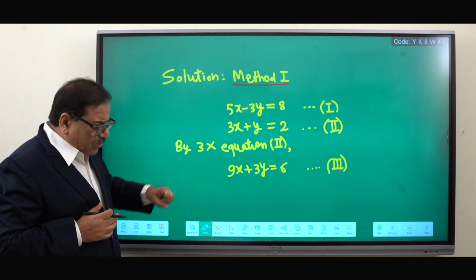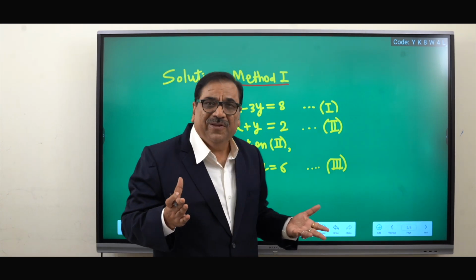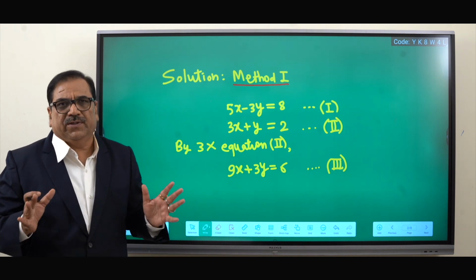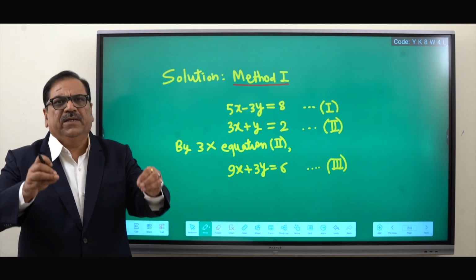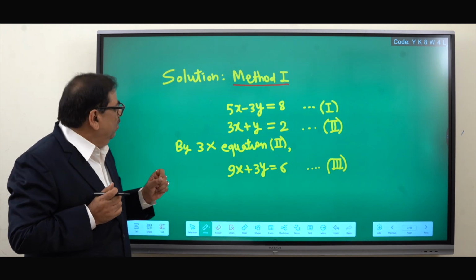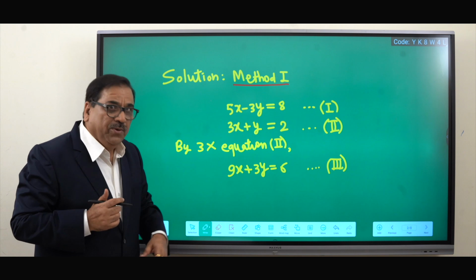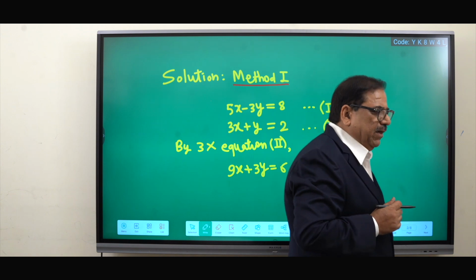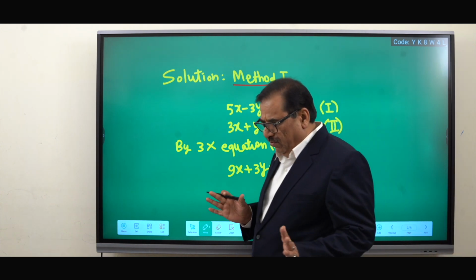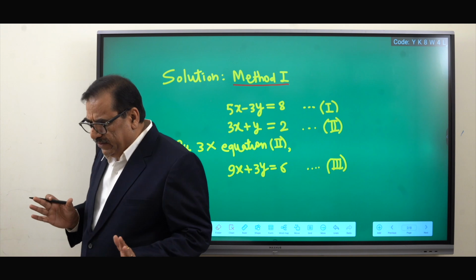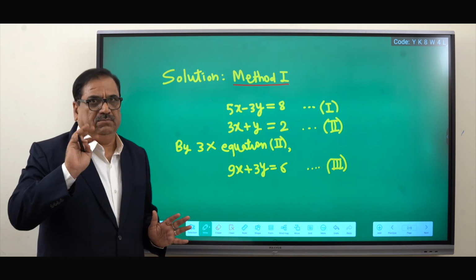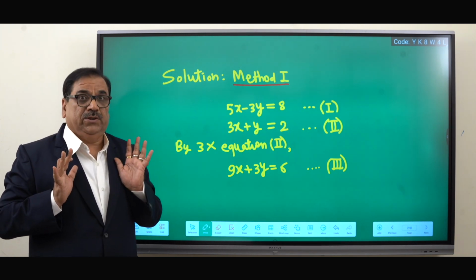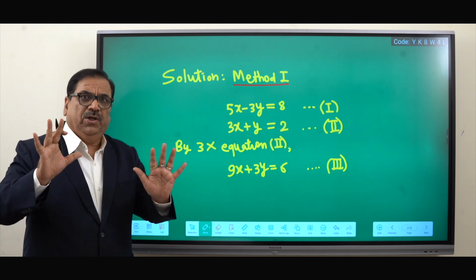here two equations can be added or two equations can be subtracted. So we will multiply equation 2 by 3. Equation 2 is multiplied by 3, which means we have to multiply the left hand side by 3 and the right hand side by 3, because this is an operation on the equation.